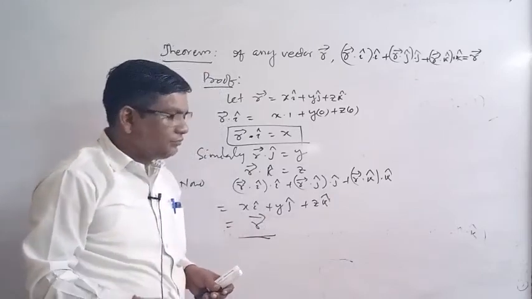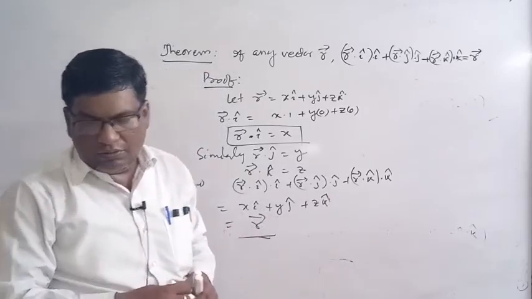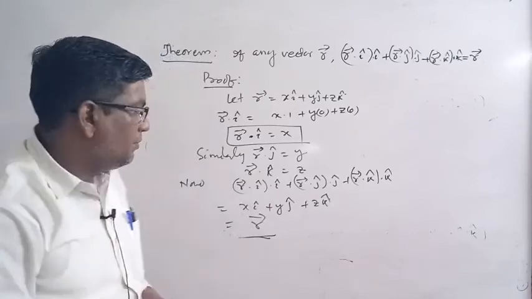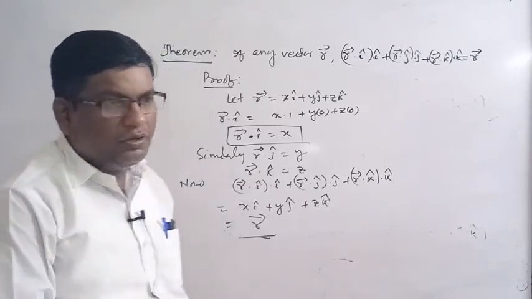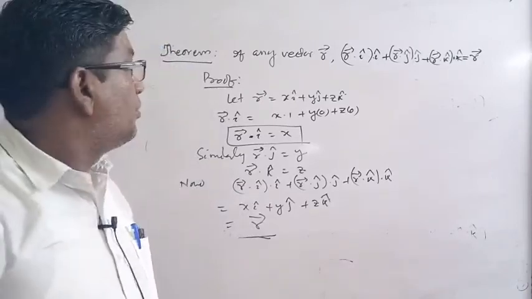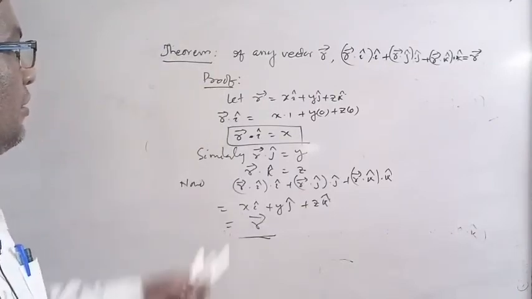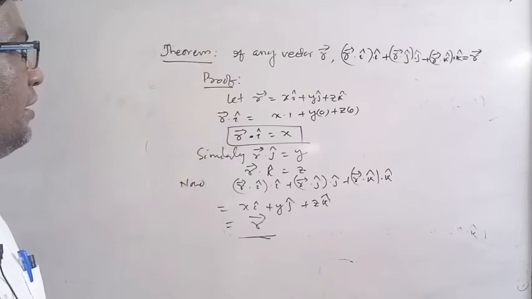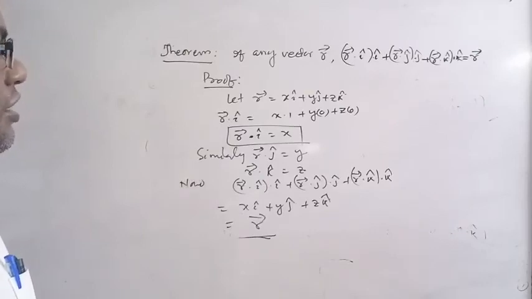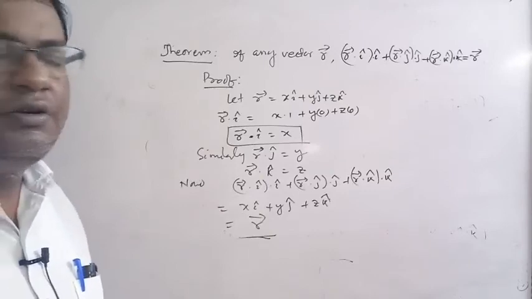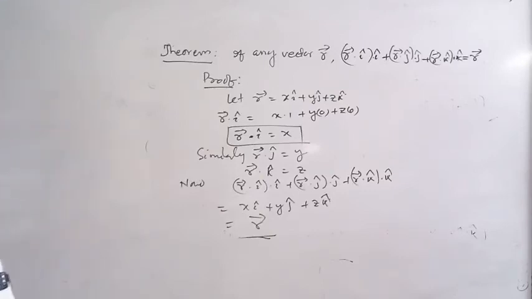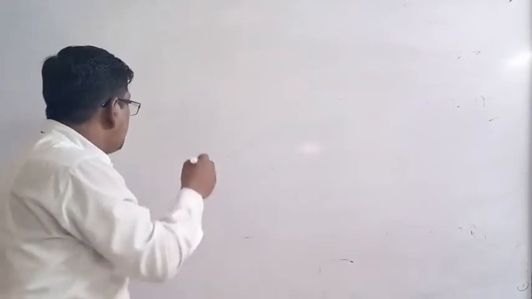So this is the proof: for any vector R, prove that R dot I times I, R dot J times J, R dot K times K is equal to the R vector. Clear?